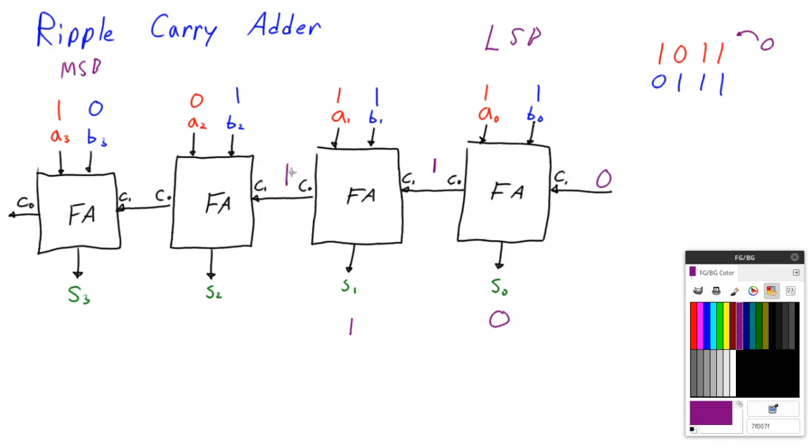So now we've got a 1 plus a 1 plus a 0. So that is a 2, or a sum of 0, and a carry out of 1. I finished with that digit. Now let's look at this guy here. We've got a 1 plus a 1 plus a 0.